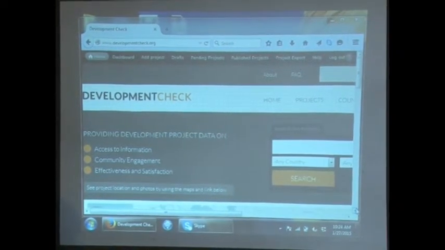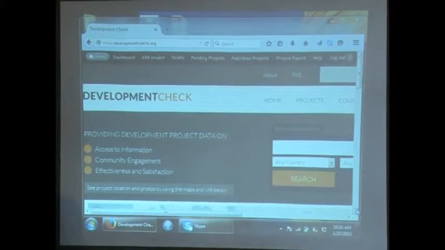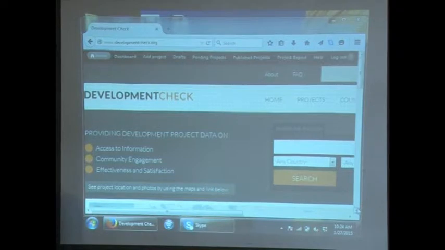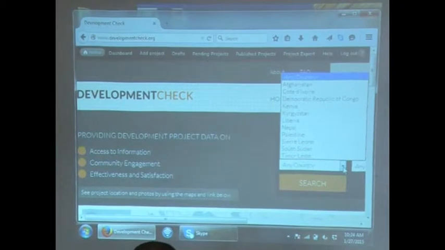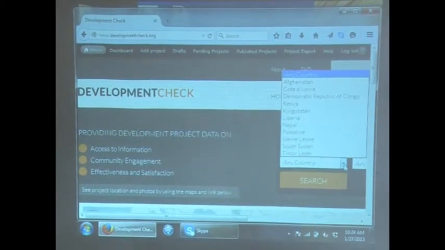So what you do, you search for the project that has been monitored. For instance, if you want to look at Mr. Daniel Oyoyo's school, Ngere Primary School, then you search the country. These are the other countries that are using the application.